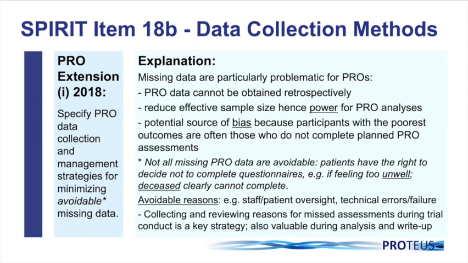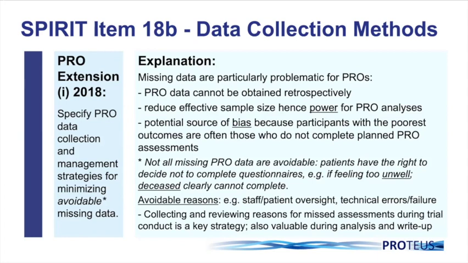But there are some other avoidable reasons, and these include lack of explanation of the importance of the PRO data. You see, if patients and staff understand how important PRO data are, then they will likely be more inclined to complete them. Another possible reason is that the questionnaires are too long and overly burdensome for patients.